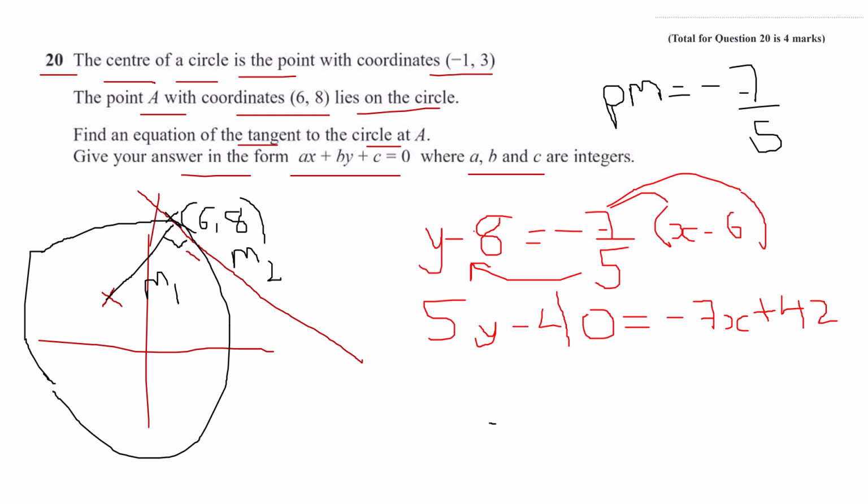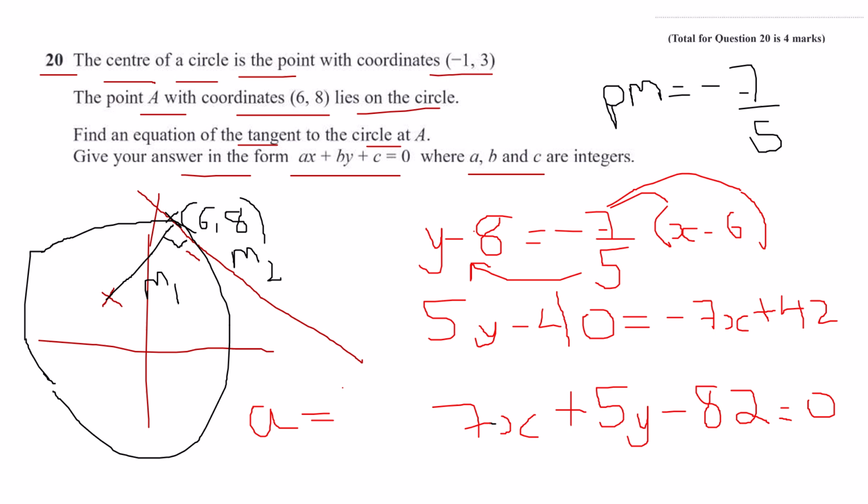So I'm going to have 7x plus 5y minus 40 minus 42 makes -82, and that is going to be equal to 0, where a is equal to 7, b is equal to 5, and c is equal to -82.